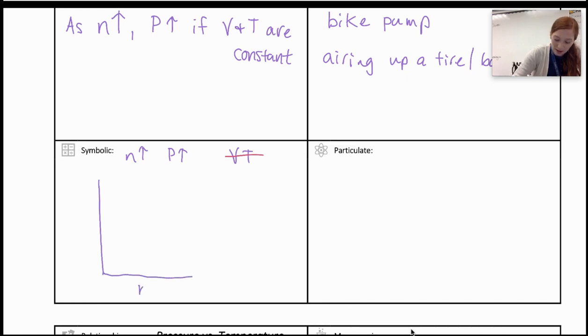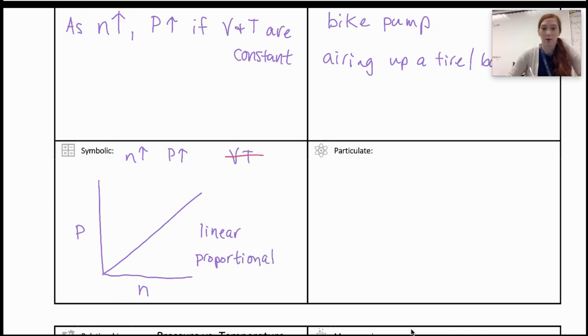Okay, the amount of gas is our independent variable, pressure is our dependent. Okay, this time we've got a nice straight line. Okay, this is proportional. We're going to define this specifically as linear and proportional. Okay, so as the amount of gas increases, the pressure is going to increase at a consistent rate.